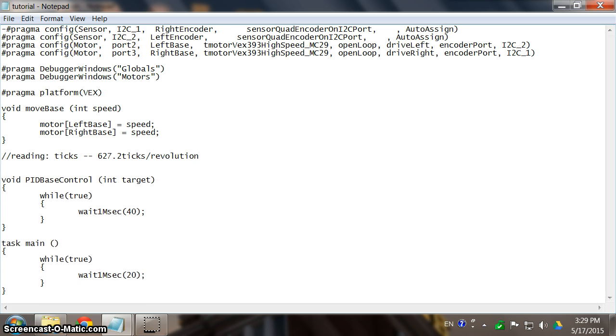We want to input an inch value, and then convert this inch value to the tick value that the robot can actually read. So how would we do that?